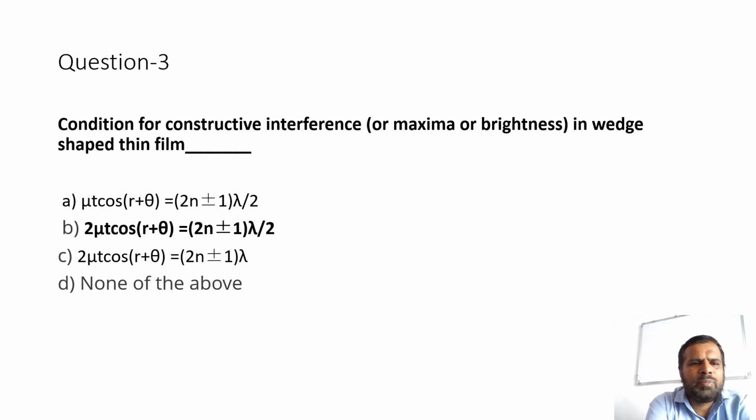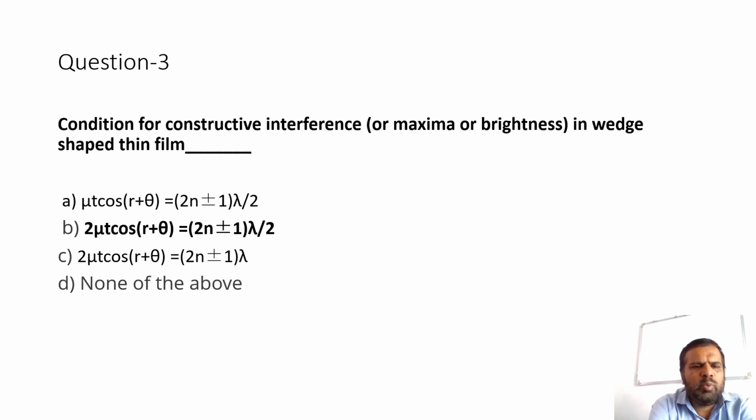Question number 3. Condition for constructive interference in wedge-shaped film dash. Option A, mu t cos of (r plus theta) is equal to (2n plus or minus 1) into lambda divided by 2. Option B, 2 mu t cos of (r plus theta) is equal to (2n plus or minus 1) into lambda divided by 2.